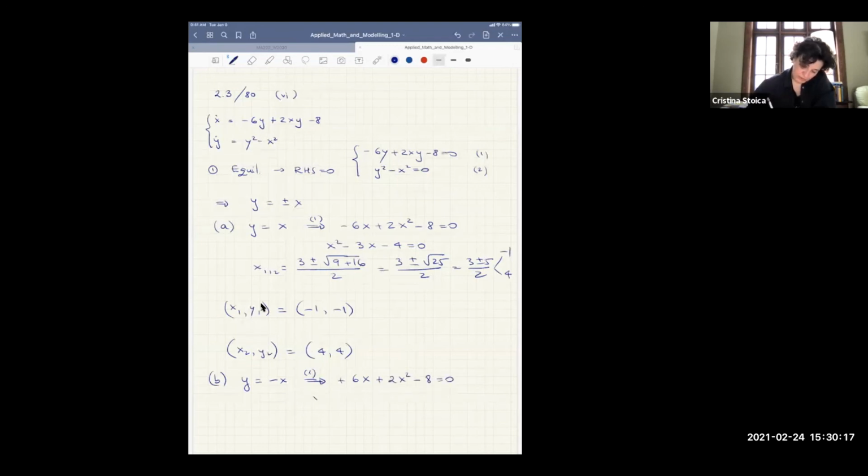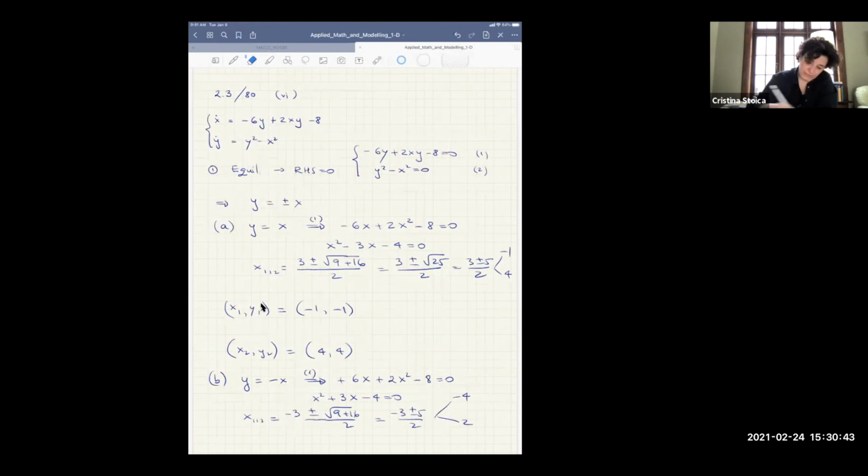So x squared plus 3x minus 4 is 0. Again x1,2 is minus 3 plus minus the root of 9 plus 16 over 2, so minus 3 plus minus 5 over 2. So we're going to get minus 4 and 1.